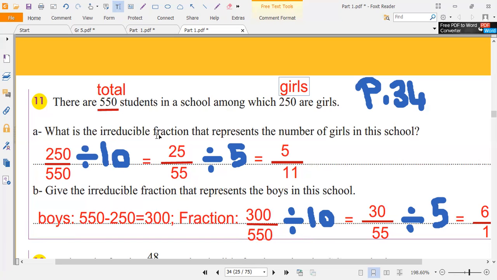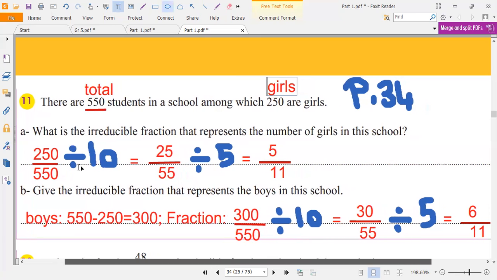Now, to get an irreducible fraction, we can use two methods: successive divisions, or we find the GCD and we divide by the GCD. Here, we can do the successive divisions. So we can divide this fraction by 10. We get 25 over 55.